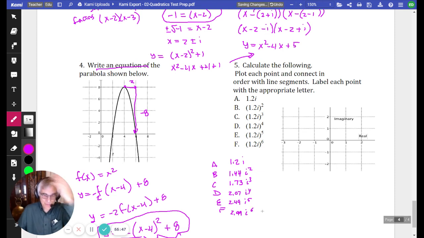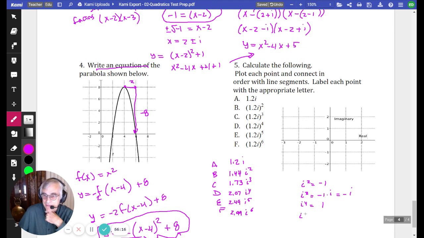So then we have to say, well, what's i squared, i cubed, i fourth, i fifth, and so forth? Well, we have to remember i squared equals -1, i cubed equals -1 times i, or negative i. i to the fourth is going to equal i squared squared, which is just 1.